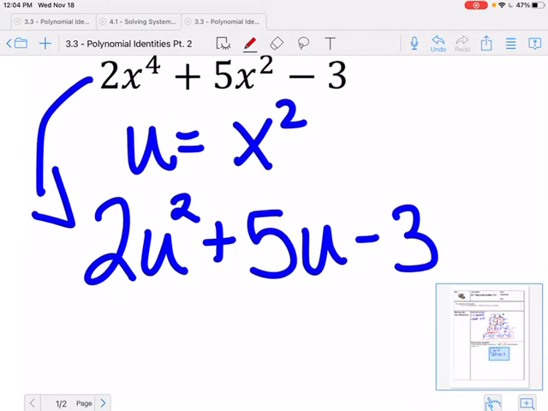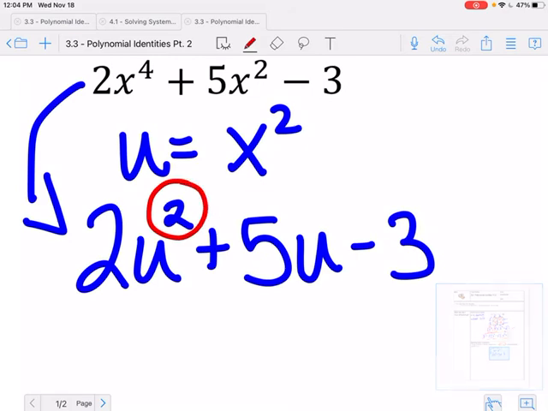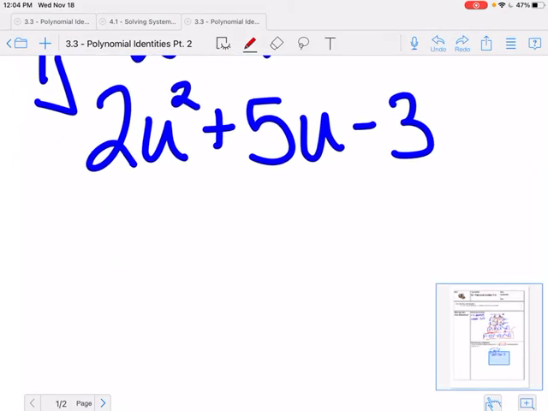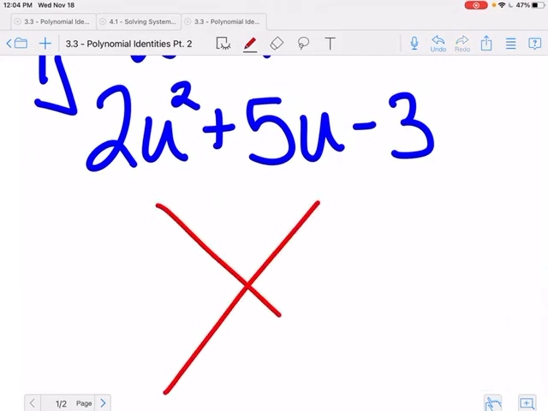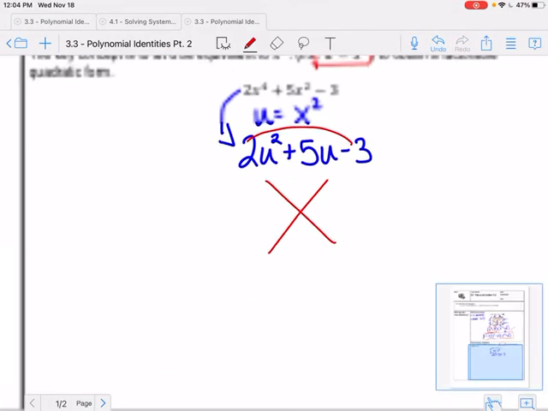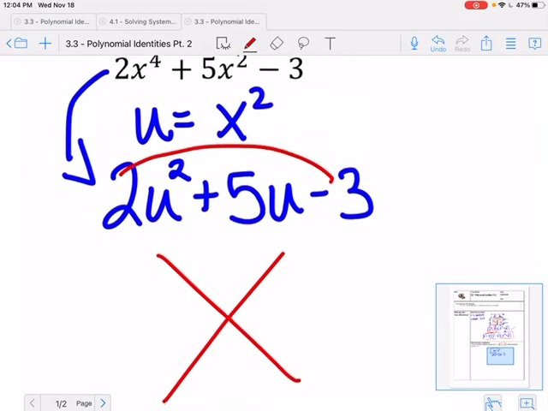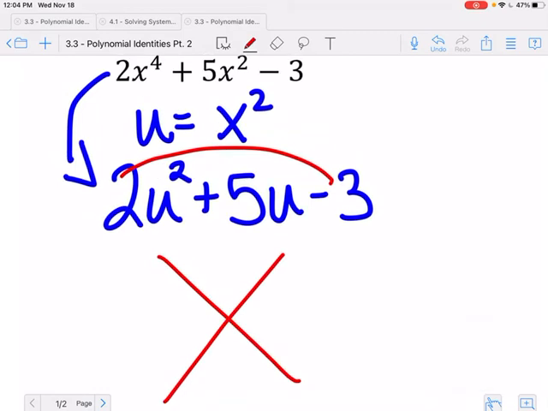So now I have a quadratic function because the degree is 2. And now I can go ahead and do the X method. So my first step, I'm going to multiply my a times c, which in this case is going to be 2 times negative 3, which is negative 6. I'm going to bring down my b value, which is 5.